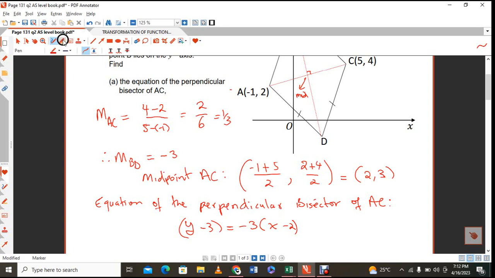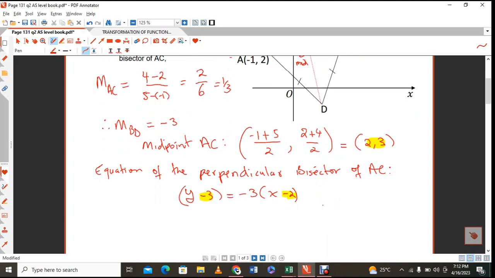So basically I'm using this point here and putting it into the formula. I hope you're also familiar with that formula, where you have a point and the gradient, then you can definitely find the equation.